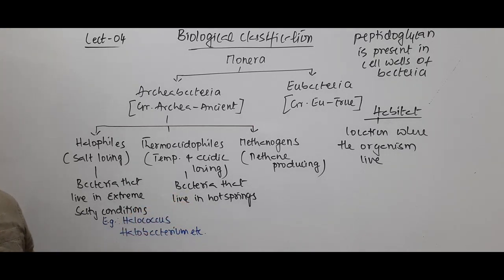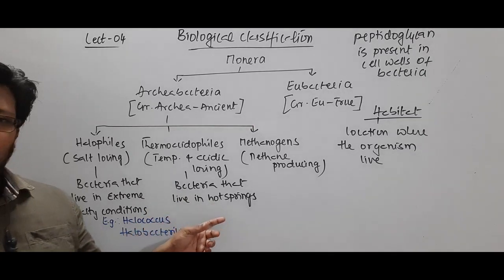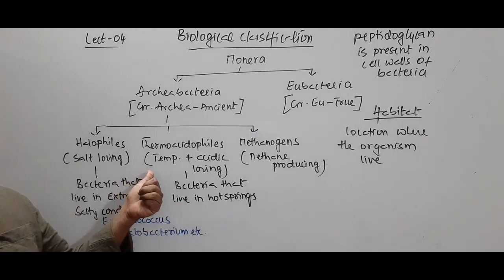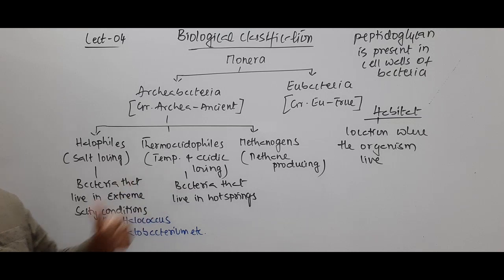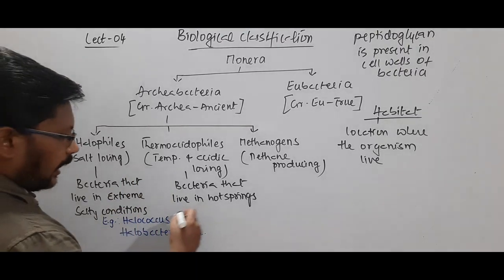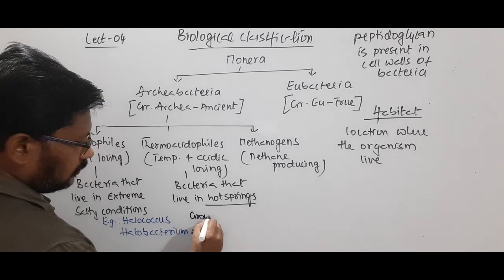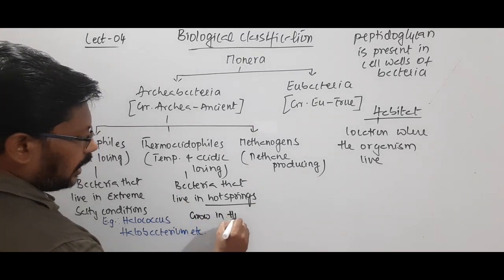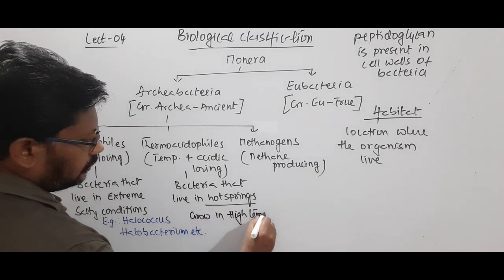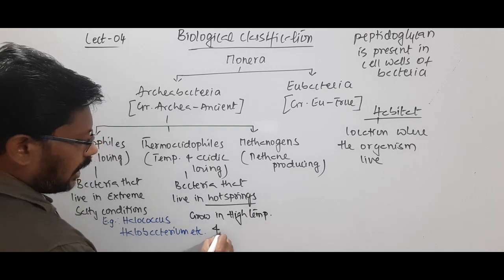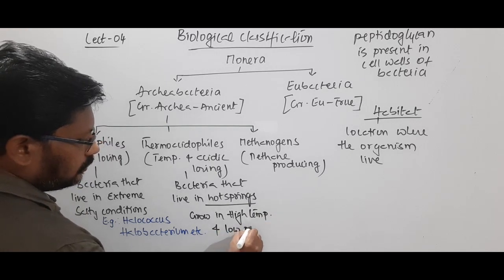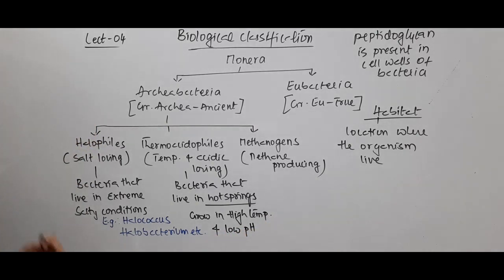Those bacteria that live in such hot springs are called thermoacidophiles. They grow in high temperatures and low pHs.